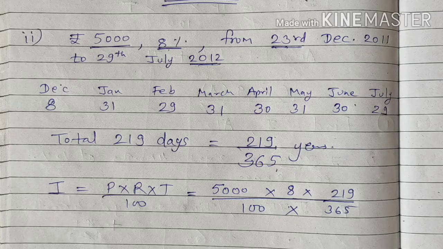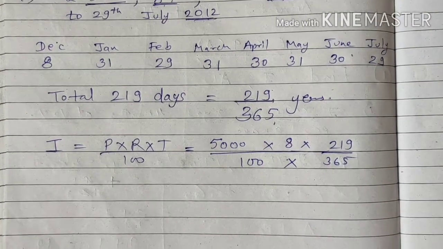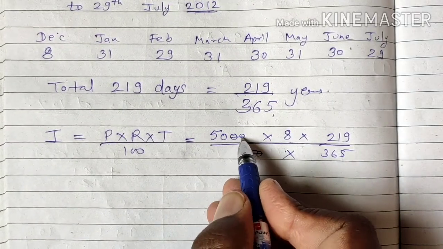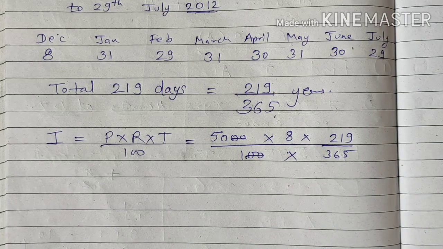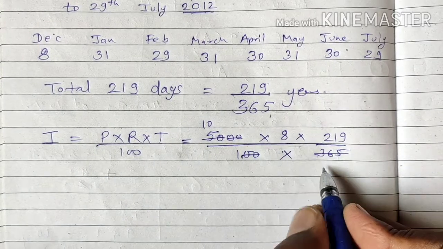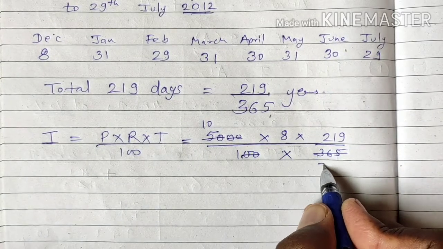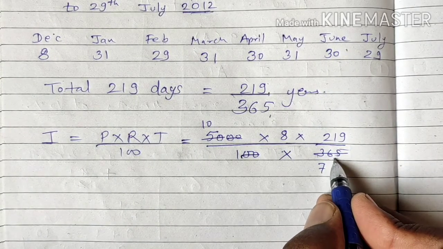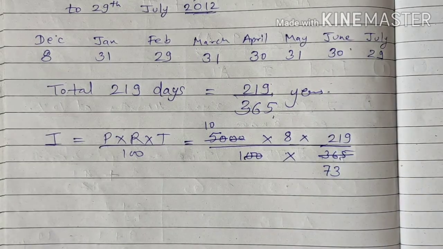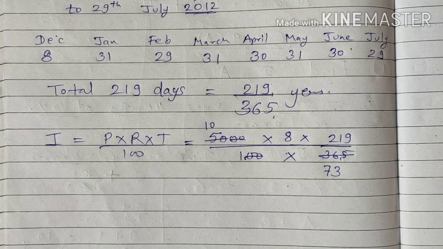Okay, now first of all the zeros get cancelled. 5 sevens are 35, 1 is remaining. 5 threes are 15.